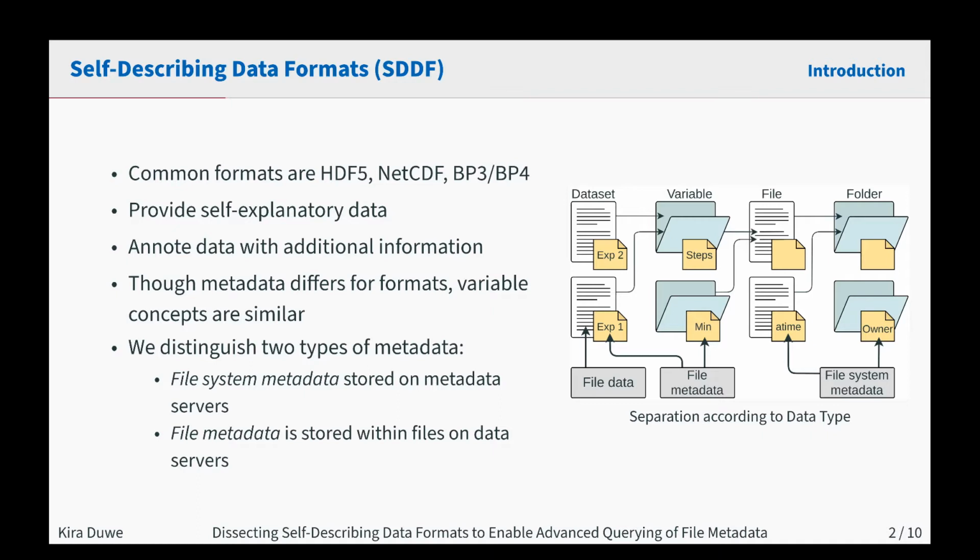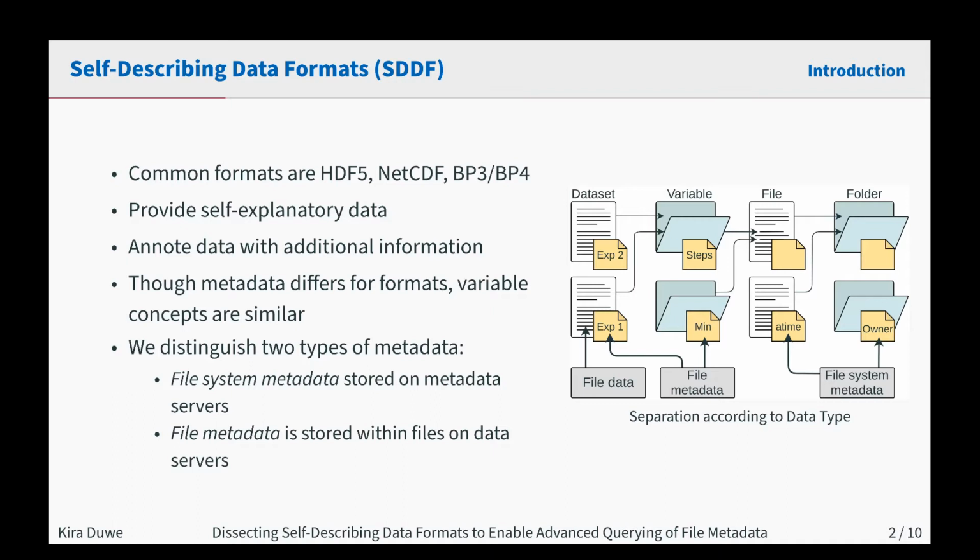The distinction between file content and file system metadata, such as timestamps, is long established. However, we propose to split the file content further into file metadata and file data. File metadata is the core feature of an SDDF. It is the structural information about the data as well as annotations and additional statistical metadata like minima, for example.